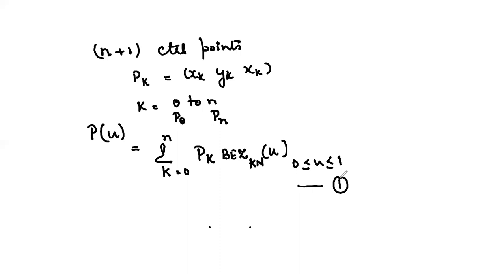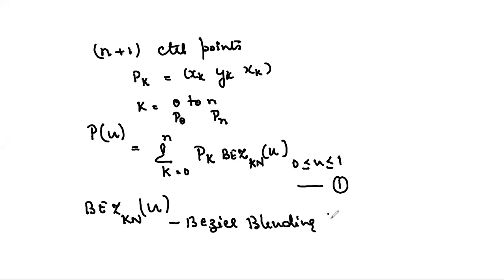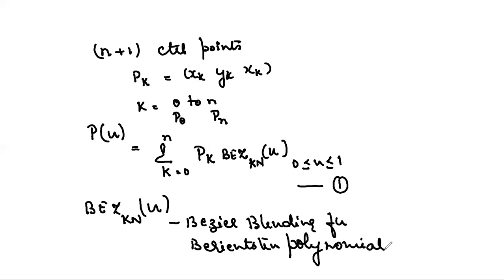Now let us see what exactly this BEZ is. I have this BEZ kn of u, which we call the Bezier blending function, and it uses the Bernstein polynomials.